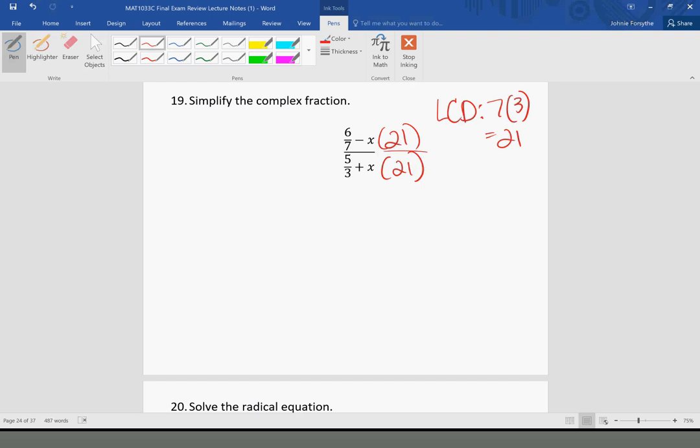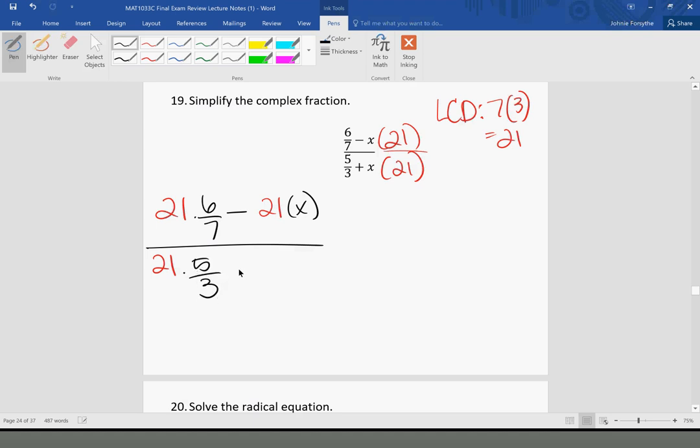We're just rewriting it in a way where we can simplify it. So I've got 21 times 6 over 7 minus 21 times x over 21 times 5 over 3 plus 21 times x.